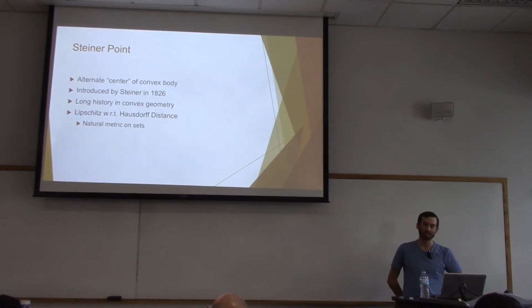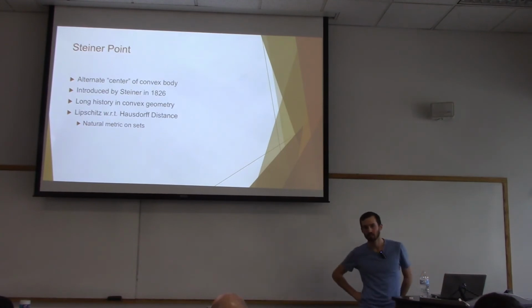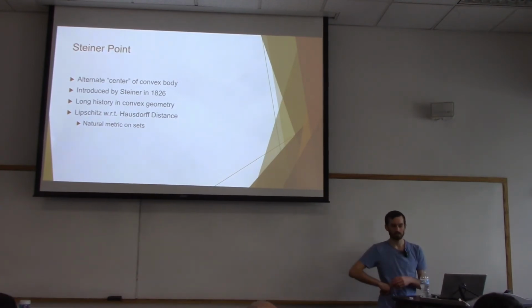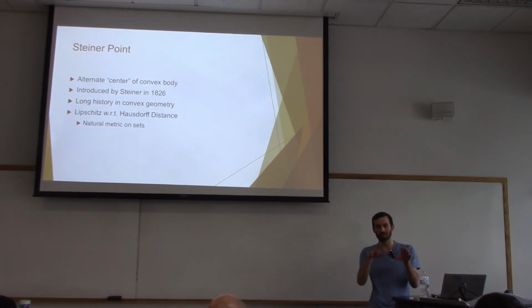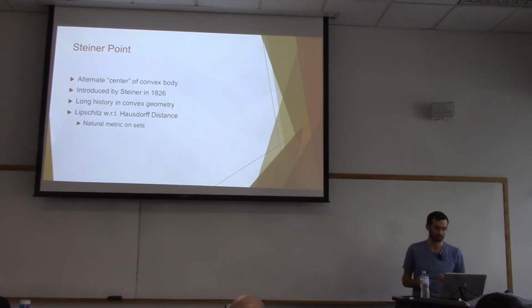It has one nice property: it's Lipschitz with respect to a notion of distance between two sets called the Hausdorff distance. Basically, if you have two sets that are close to each other, then their Steiner points are also going to be relatively close to one another. In the context of our problem, that means if my feasible set doesn't change that much, then the Steiner point also shouldn't end up moving that much. So it motivates the use of it in this algorithm.